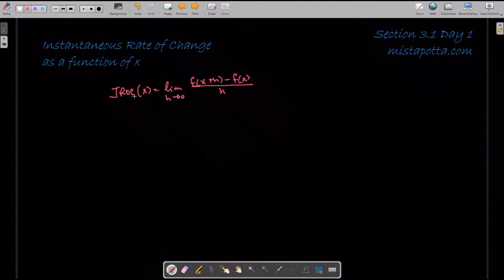And so what happened is we had this instantaneous rate of change as a function of x.